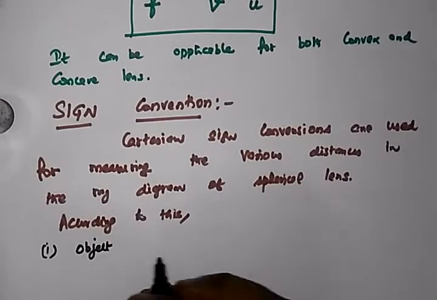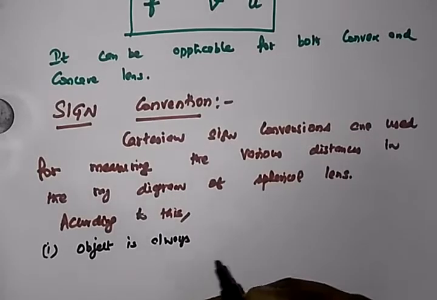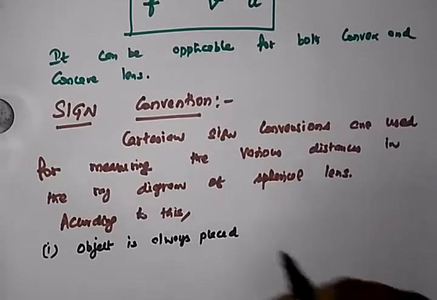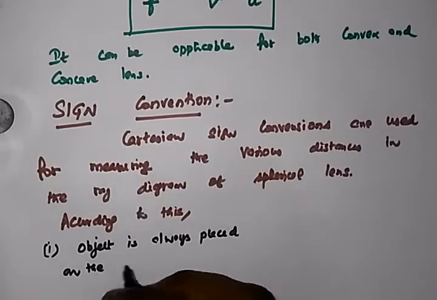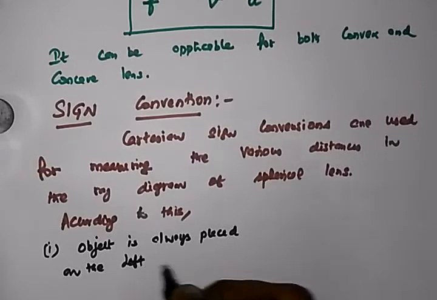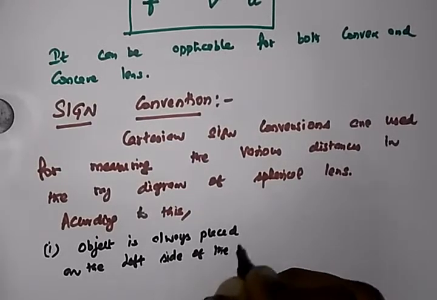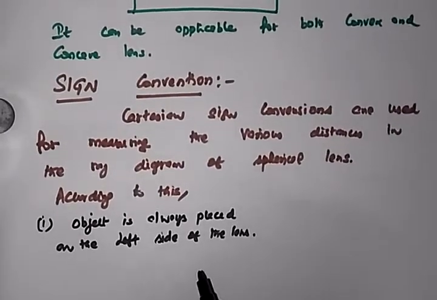The object is always placed on the left side of the lens. This is the first condition.